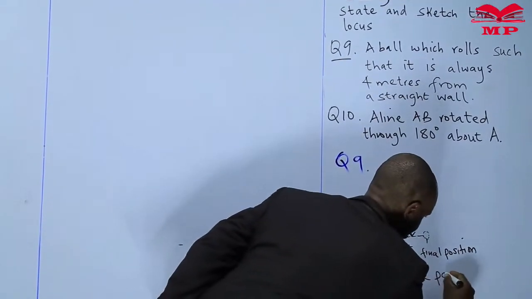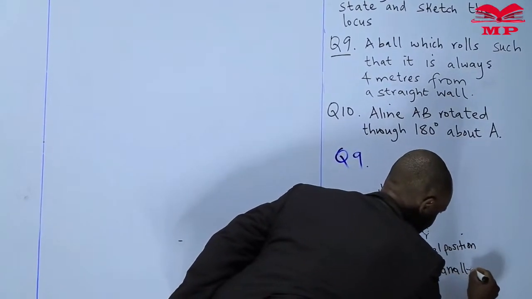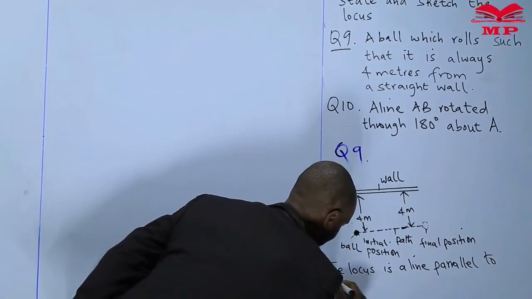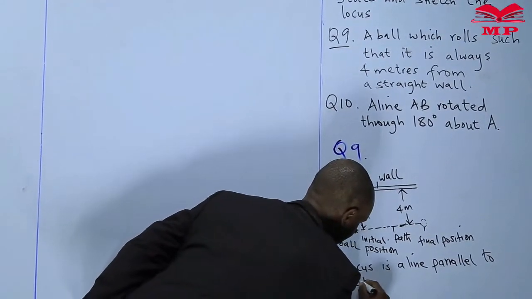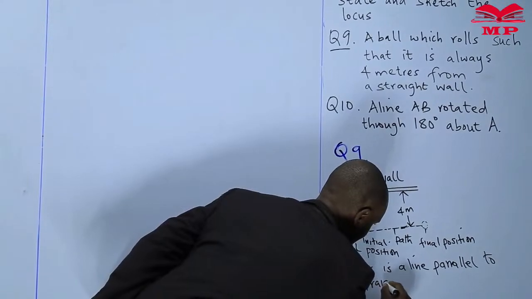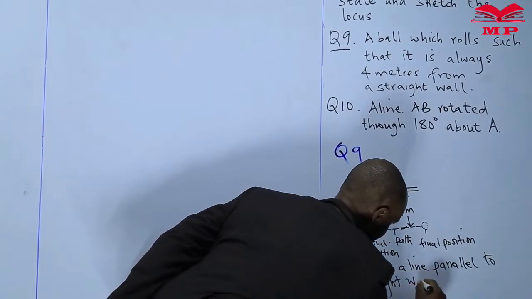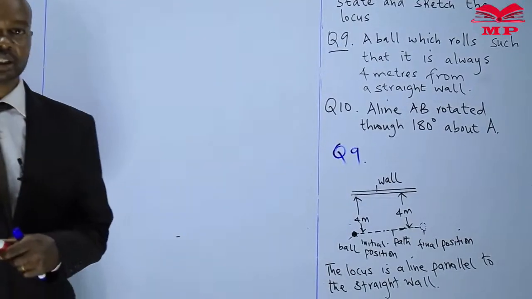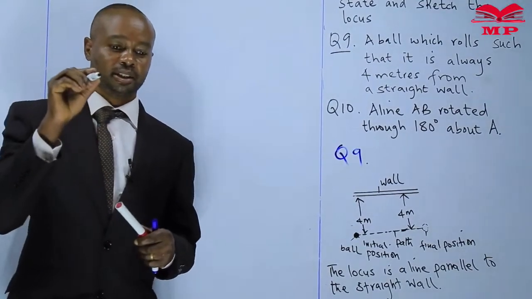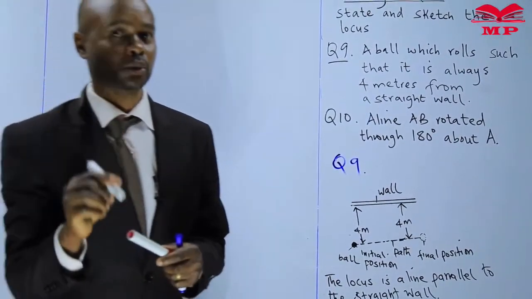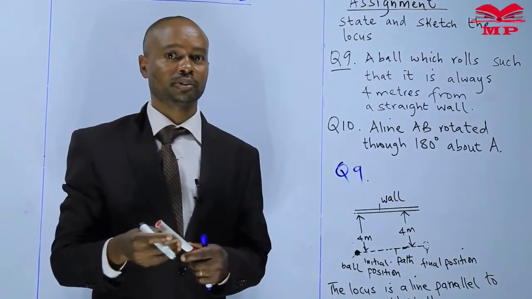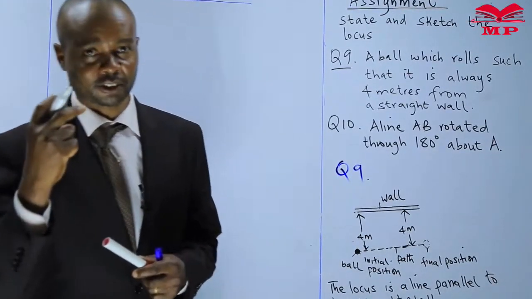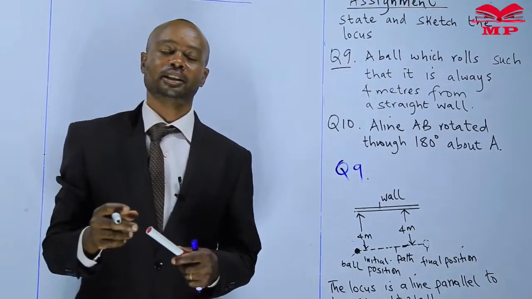parallel to the straight wall. The locus will just be a line parallel to the straight wall, because in the law they are saying it should maintain the 4 meter distance from the wall.